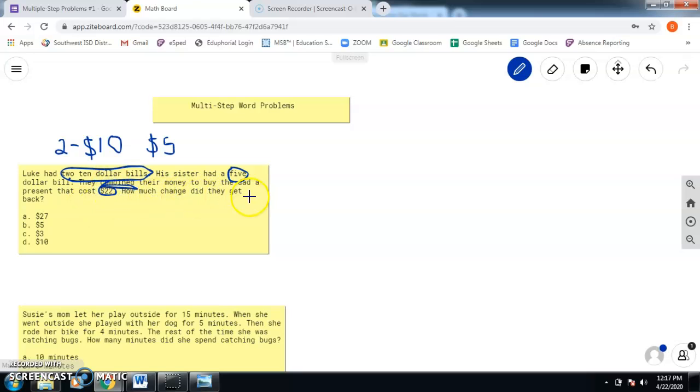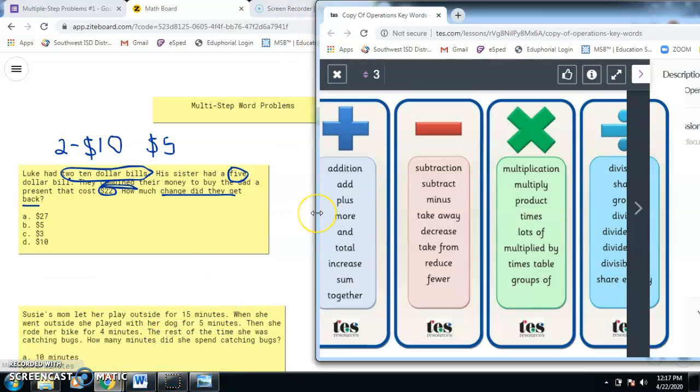How much change did they get back? Okay, that's your question. How much change did they get back? So, what would be our first step we would do looking at our keywords? So, it says Luke had 2 $10 bills. So let's look at that first.